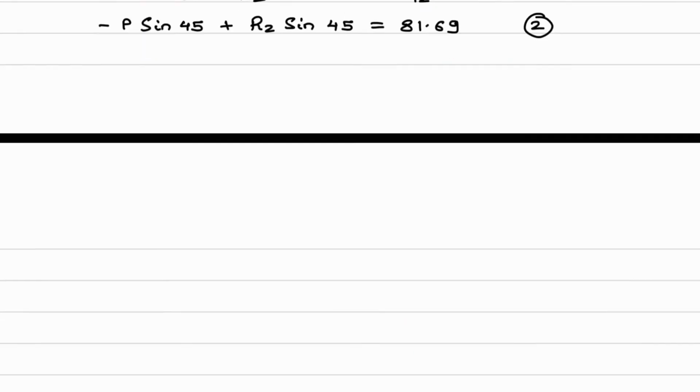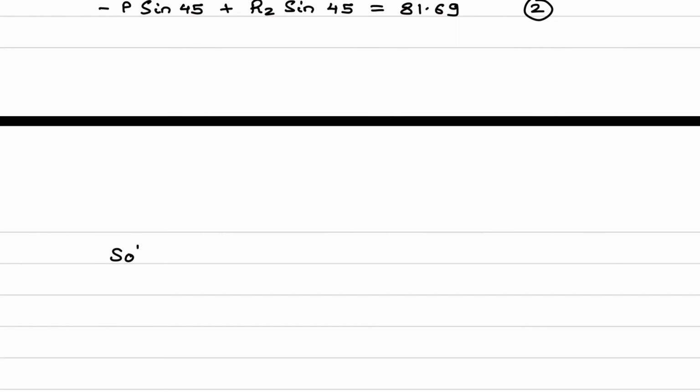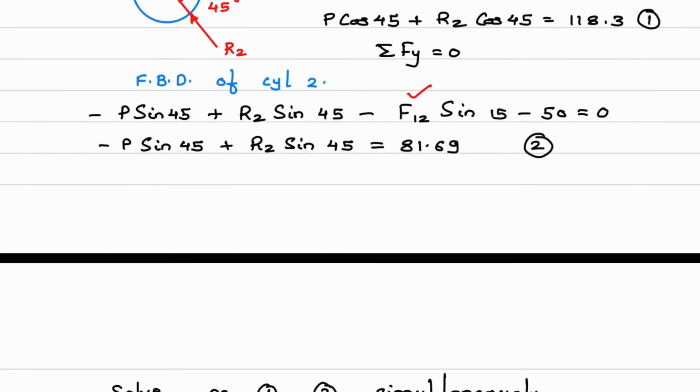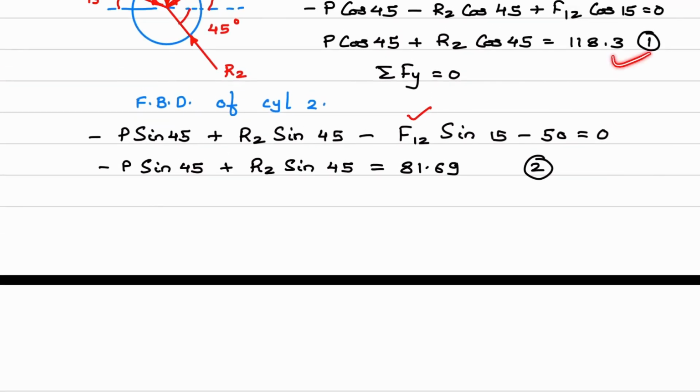Now we have to solve equation 1 and 2 simultaneously. So if you see equation 1 and equation 2, in both the equations we have P and R2.